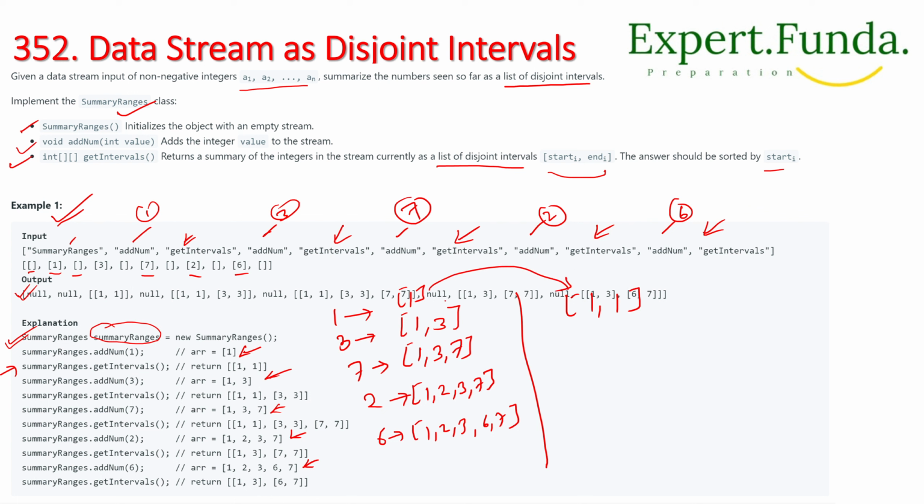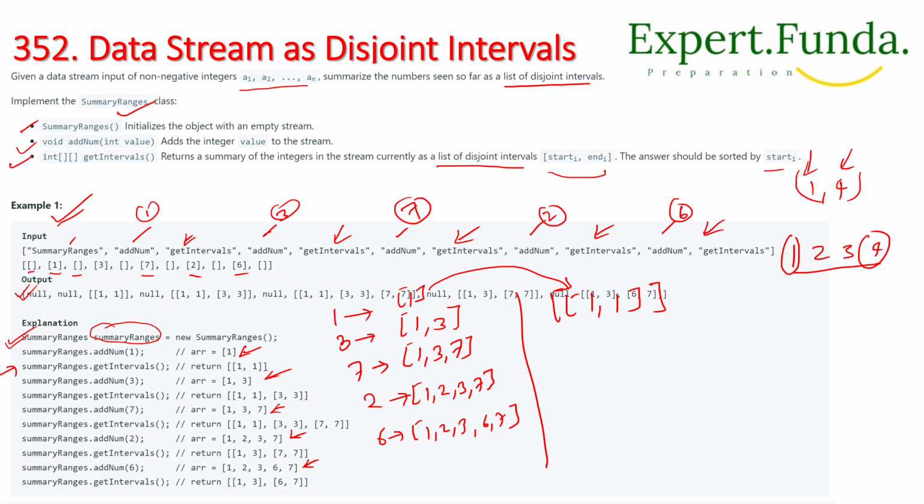If we have 1 2 3 4, the interval from here to here is 1 to 4, where this is our left corner and this is our right corner. Similarly, if we have only one element in the list, we have 1 to 1 only, and this time it will return that interval.